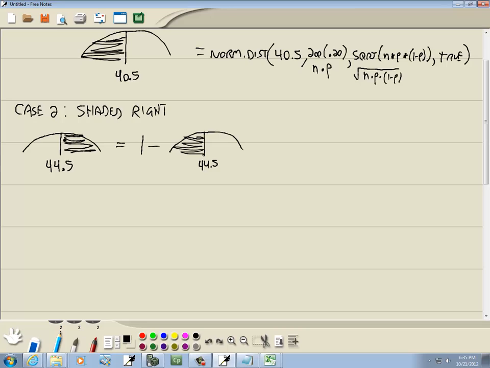Now it's always this way. If you're shaded to the right in your picture, you just rewrite it as 1 minus, same number, but shaded to the left.